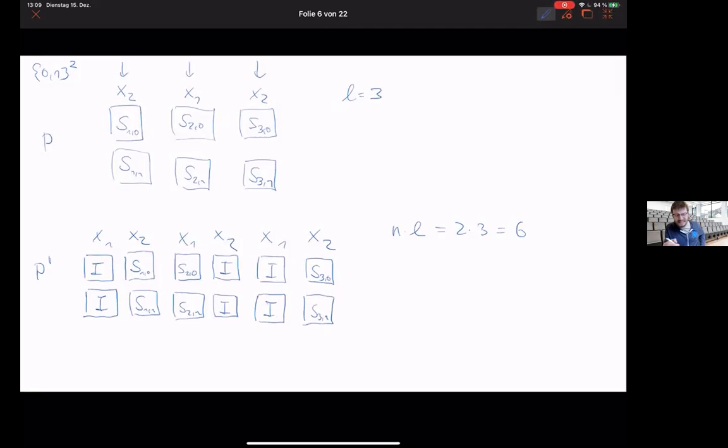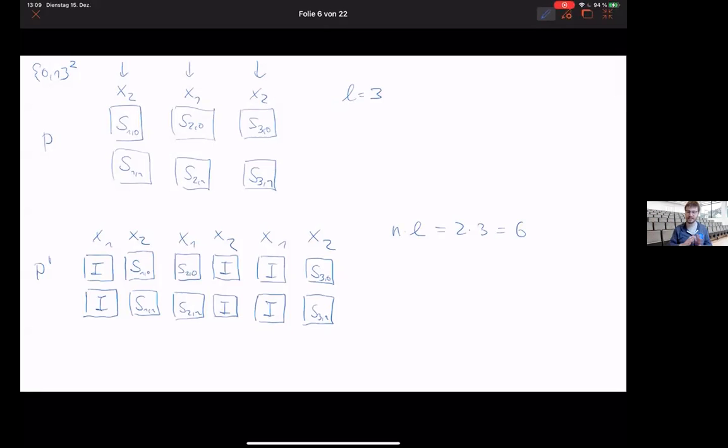And we can immediately see that wherever I've introduced these dummy operations, that will not affect the evaluation of this branching program P prime. So P prime still computes the same function as P, but is now oblivious in the sense that the pattern in which I access my inputs does not depend on the original program P. I started with a program that first reads x2, then x1, then x2 again.